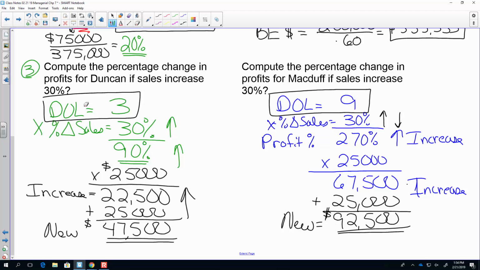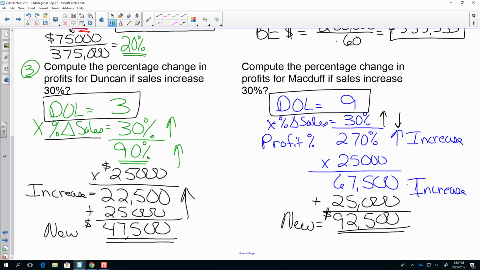Through our DOL, we multiply the 3 times the percentage change in sales, which is 30%. That means their profit will increase 90% from the current level of 25,000, which is given in the book. That increase is 22,500. So the new profit for this company is 47,500.